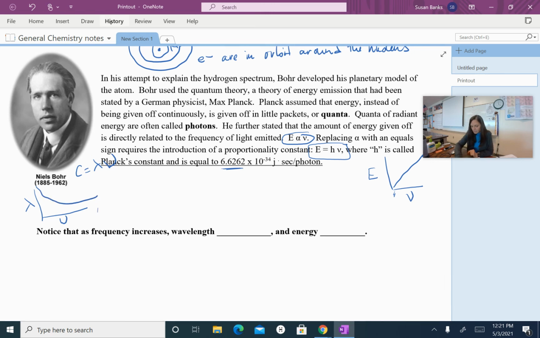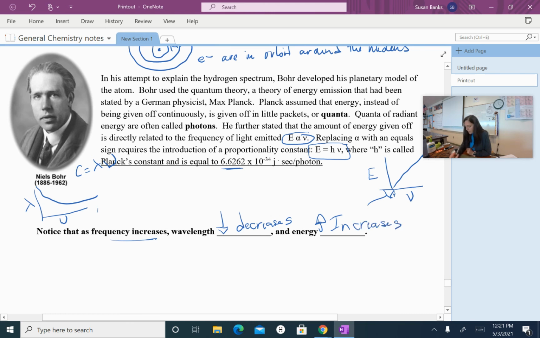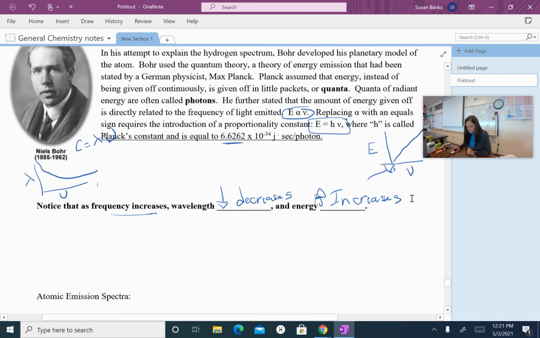Okay, so as frequency increases, wavelength actually decreases. They are inversely proportional. But as frequency increases, energy over here increases because they are proportional. Okay, so we have a couple of relationships here that we are going to be using.